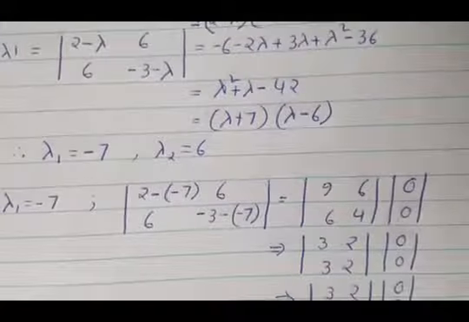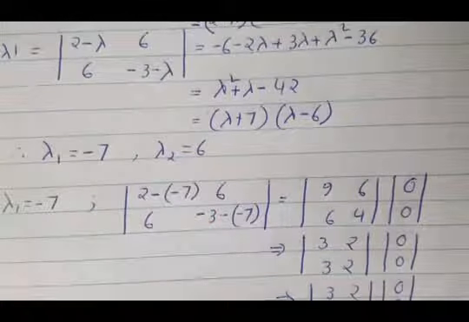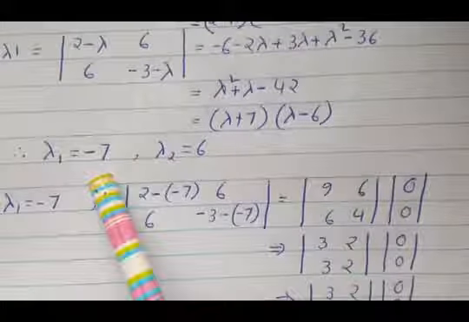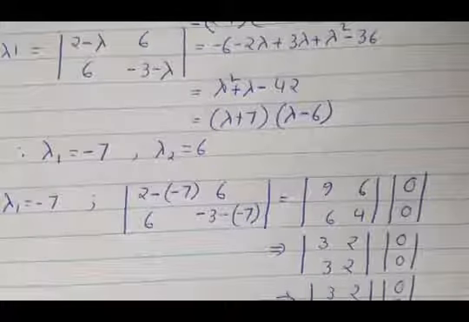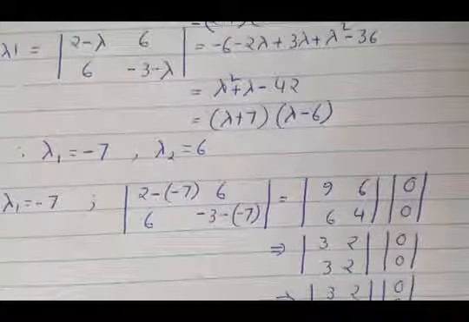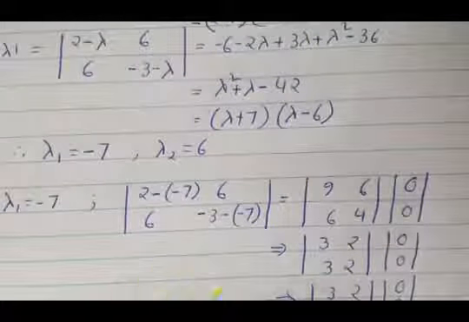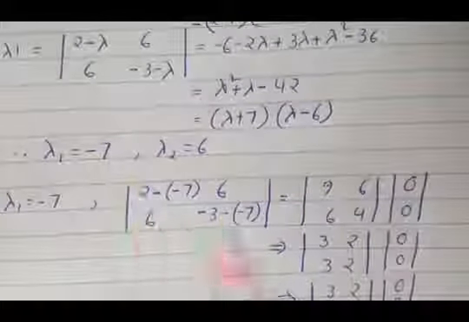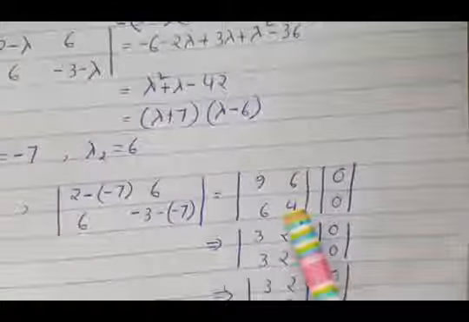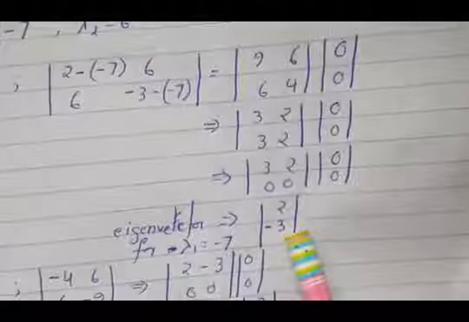Next step is, for each of the eigenvalues, you have to find eigenvectors of this matrix A. So for minus 7, the first eigenvalue, just find the eigenvectors. If you need to know how to find the eigenvectors, you can watch other videos on YouTube, and that will be helpful. To get the eigenvectors, you subtract this eigenvalue from the diagonals, then whatever matrix you get, do the row echelon form, and then solve the system of equations, and you will get the eigenvector.